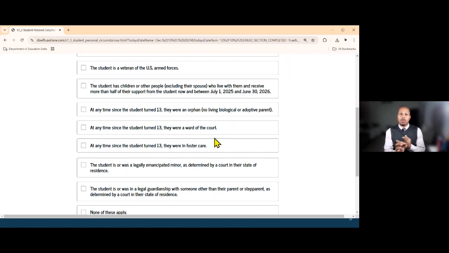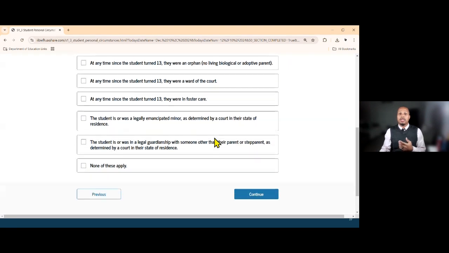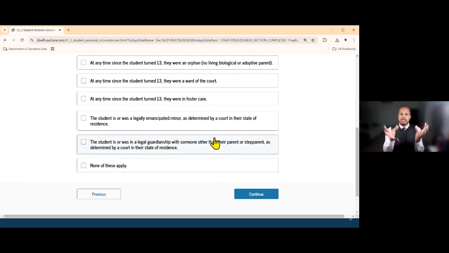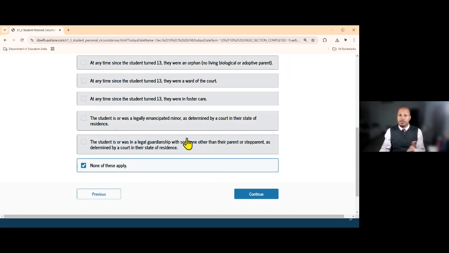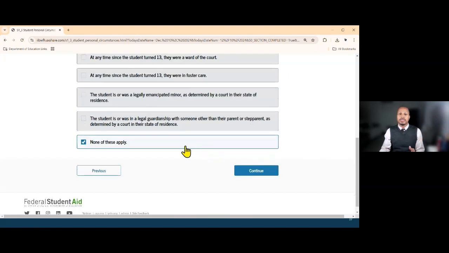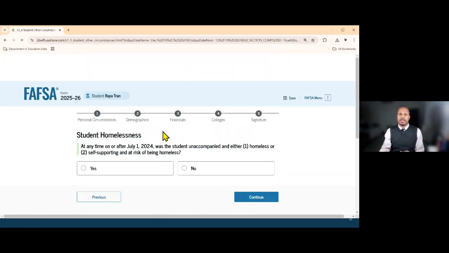Are they an orphan, or a ward of the court by the time they turn 13? Do they have any children or dependents? Are they an emancipated minor or in legal guardianship? If you answer yes to these, you may be considered an independent student. But in this case, she doesn't qualify for any of these circumstances, so we'll click none of these apply.